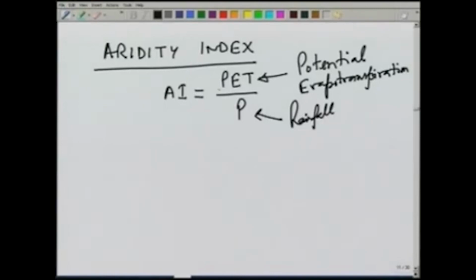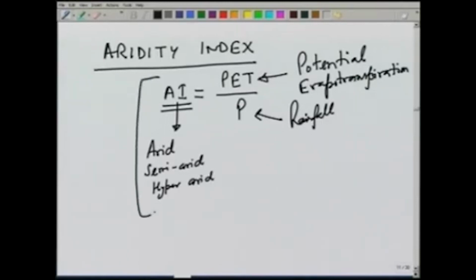And based on this aridity index, we can classify the areas as arid, semi-arid, hyper-arid, and so on. So, this aridity index takes care of the amount of rainfall versus the requirement of the plants for that week.